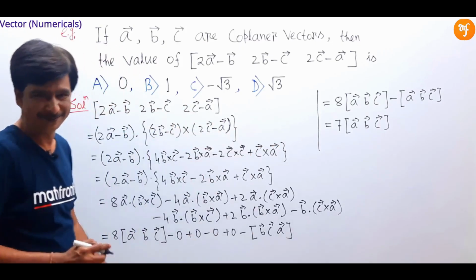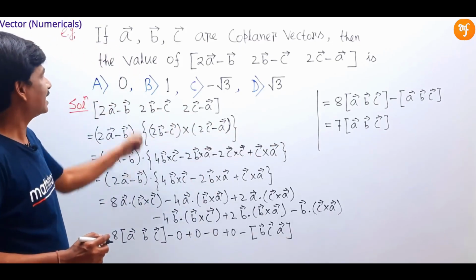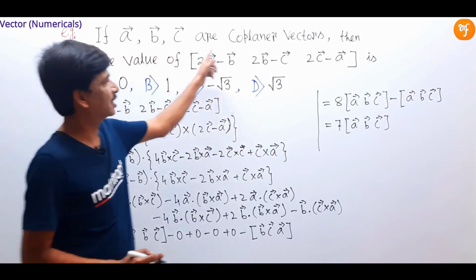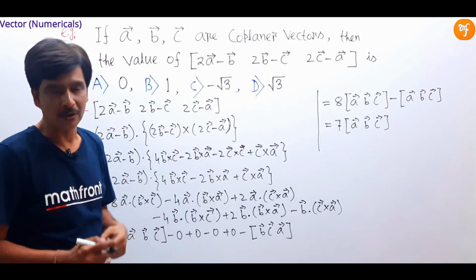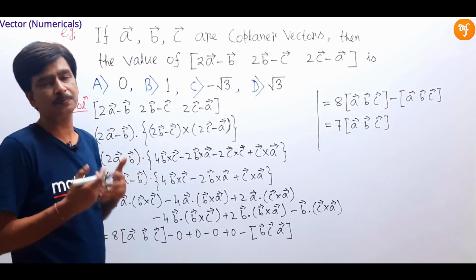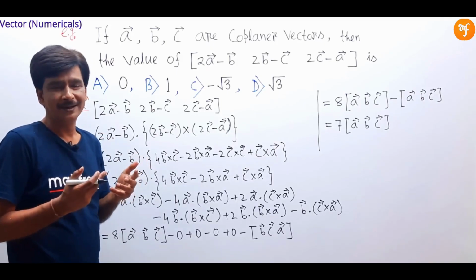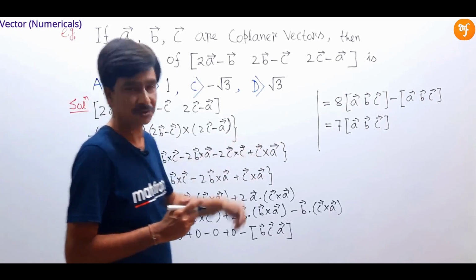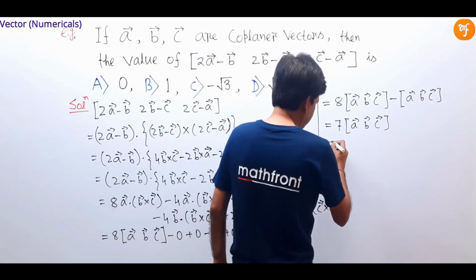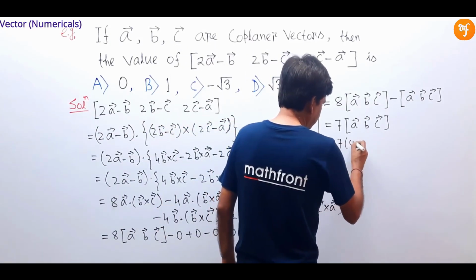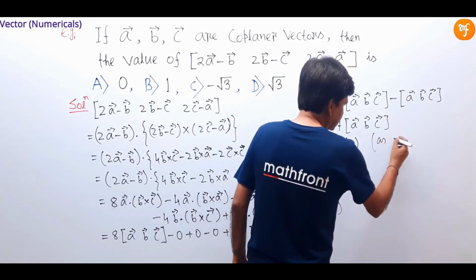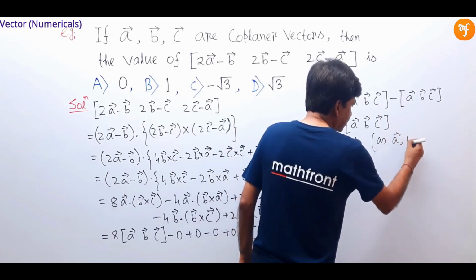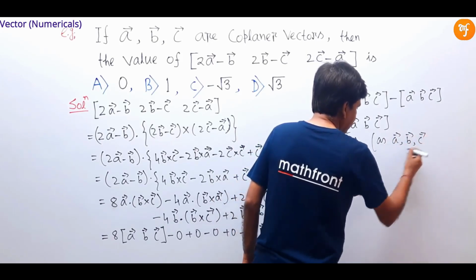Now, as it is given that a, b, c are coplanar vectors, when abc are coplanar vectors, then box of abc should be equal to 0. So that is why this result is equal to 0. Okay. So we can write this is equal to 7 into 0 as abc vectors are coplanar.